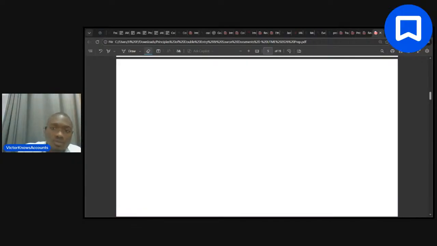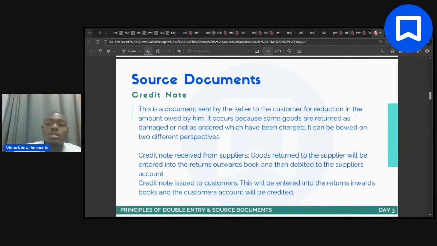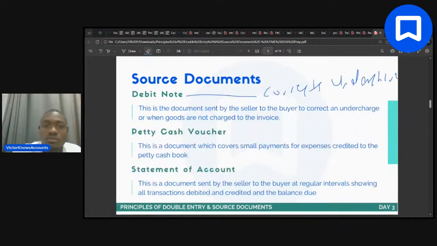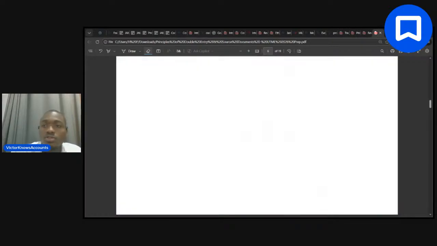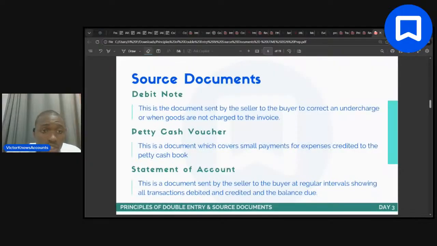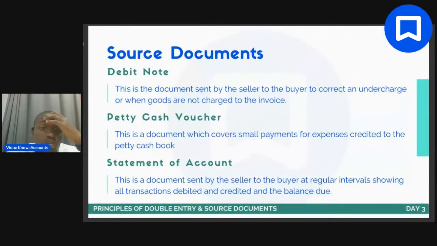So the way debit notes work is, whenever there is an undercharge it means that I have charged you less than what I should have charged you.